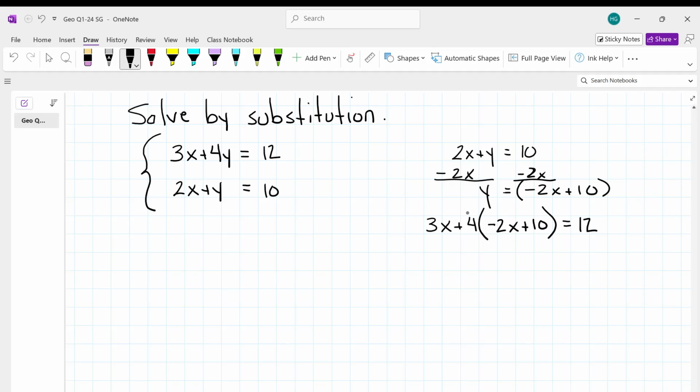Then we do the distributive property. So 3x minus 8x plus 40 is equal to 12. We combine like terms, so 3x minus 8x would be negative 5x plus 40 is equal to 12. Subtract 40 from each side.